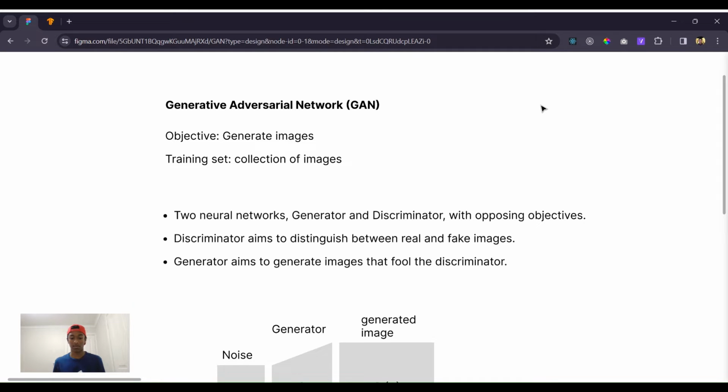So, given a real image, it will say that this image is real. Given a fake image, it will say that this image is fake. Now, the generator wants to fool the discriminator. So, the generator wants to generate images that will make the discriminator believe that they are real, even though they are actually generated. That's why these two networks are clashing in their objectives.